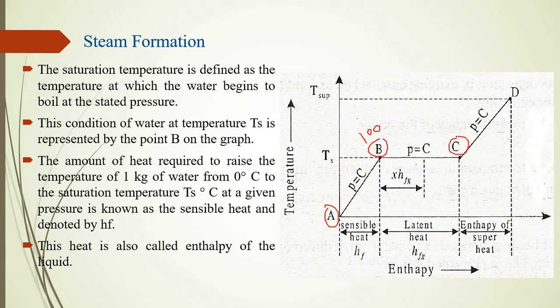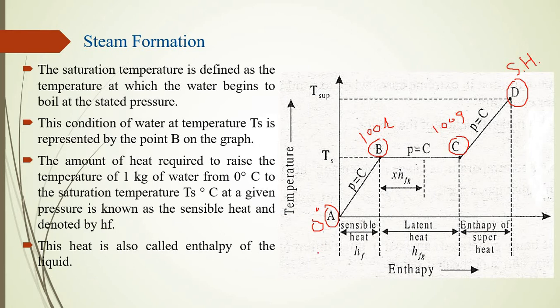Here point C is noted as 100 degrees centigrade in the form of gas, and here is the form of liquid. Then point D is noted as more than 100 degrees centigrade, which we call superheated steam, and 0 degrees centigrade is denoted by A.